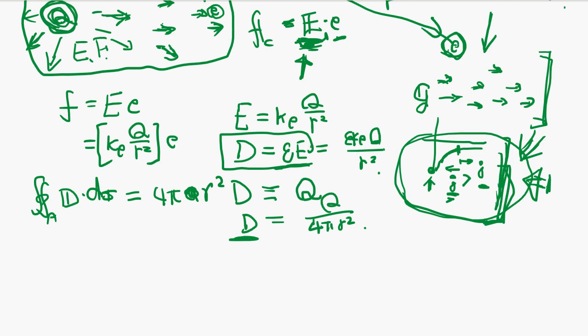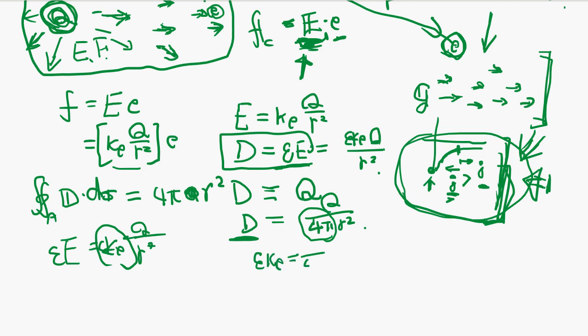You compare this with this one: E equals KE Q over R squared. The difference is this epsilon, this, right? So epsilon KE equals 1 over 4 pi.